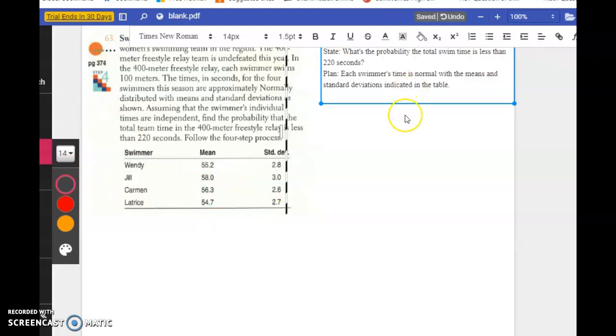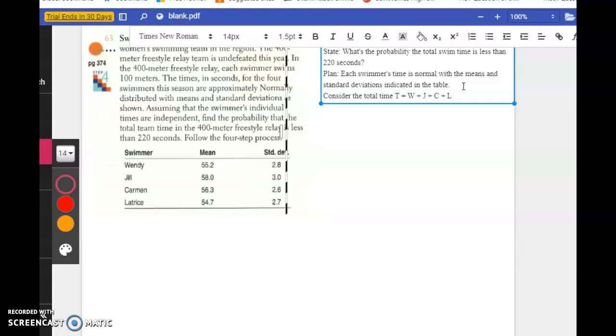Now in the plan, they told us each swimmer's time is normal, and they gave us the means and standard deviations in this table. Let's consider the total time. We're going to call it T, and that's going to be equal to each swimmer's time. So W, I put W for Wendy, plus Jill, plus Carmen, plus Latrice's time.